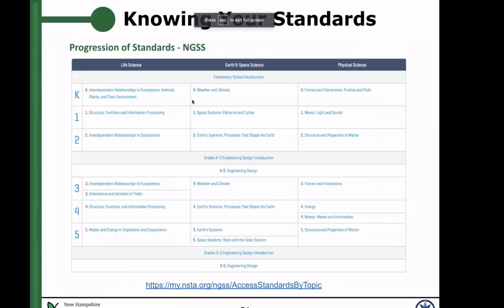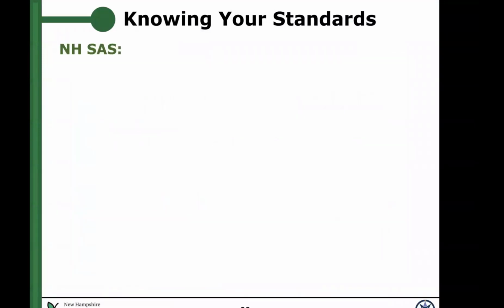And then going on from here, getting off of the science, just talking in general of other ways to be able to understand our standards. So we've gone into a little bit of ELA, math, and science, but the New Hampshire SAS website, so that Cambium portal, if you just type in New Hampshire SAS, it will show up on your Google search.